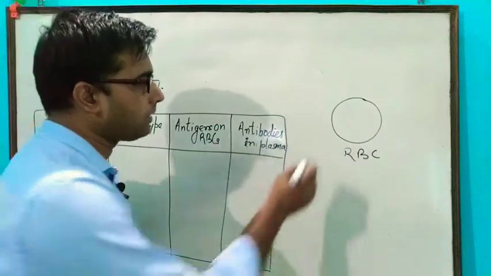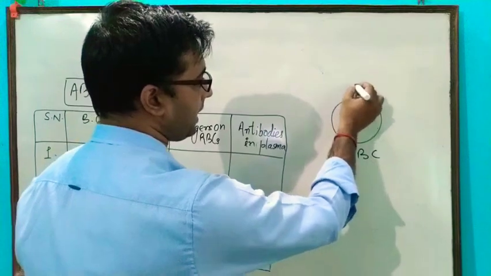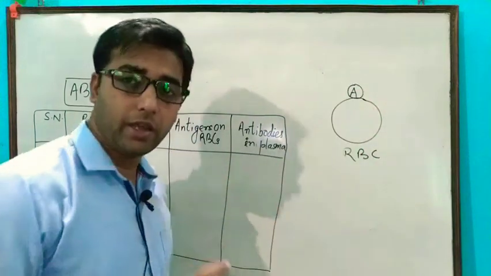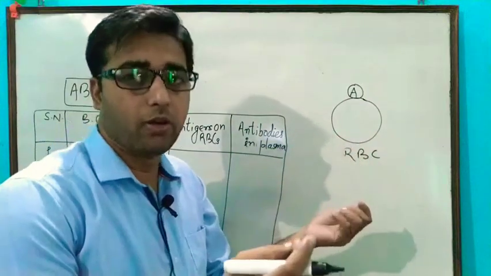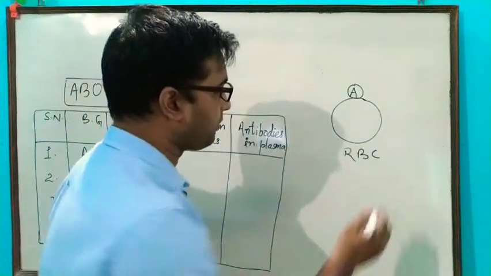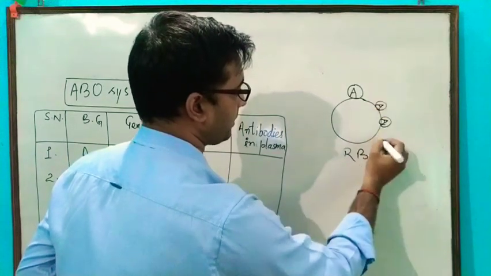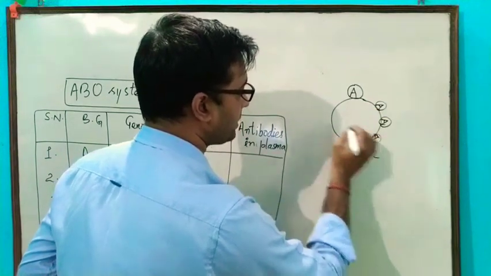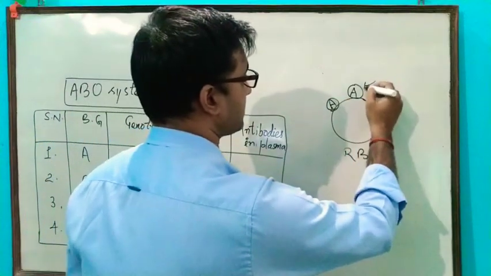Now, at the surface of this RBC, if there are A antigens, they may be lesser or greater in number, but if they are present here at the surface, it simply means these are the antigens.